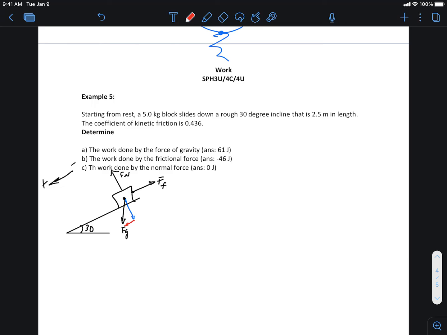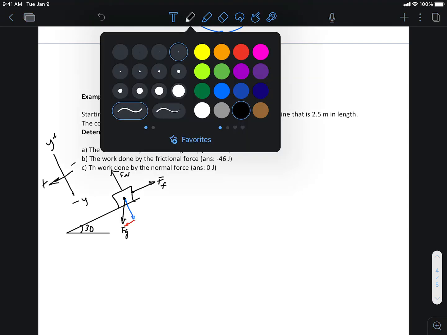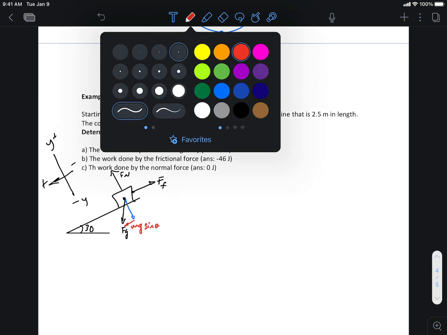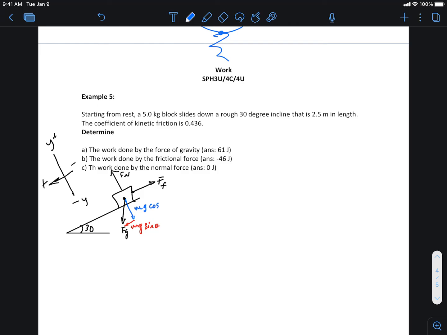Well, if I tilted my axes like what I've done, with positive Y up here and negative Y down here, then the forces acting in the X direction are what is causing the box to move down the incline. I only really see two forces acting in my X direction. I see this X component of the gravity, which we know as being mg sine theta, and I know the Y component is mg cos theta.